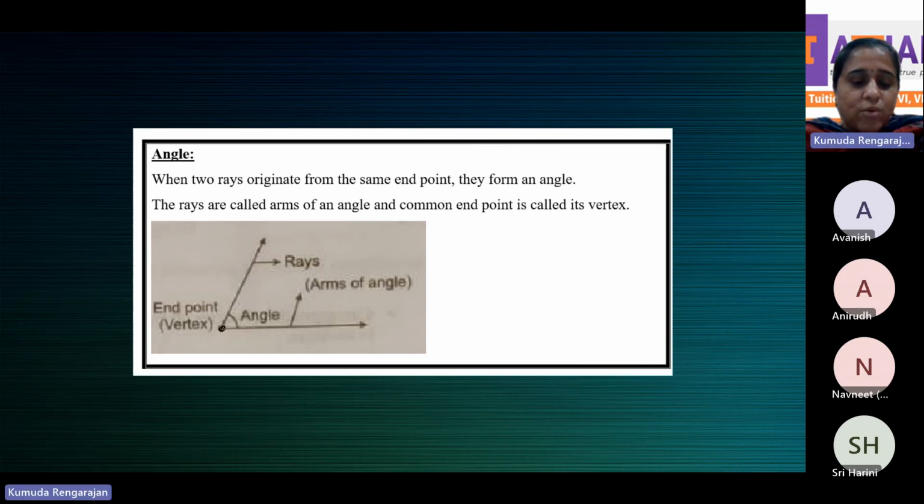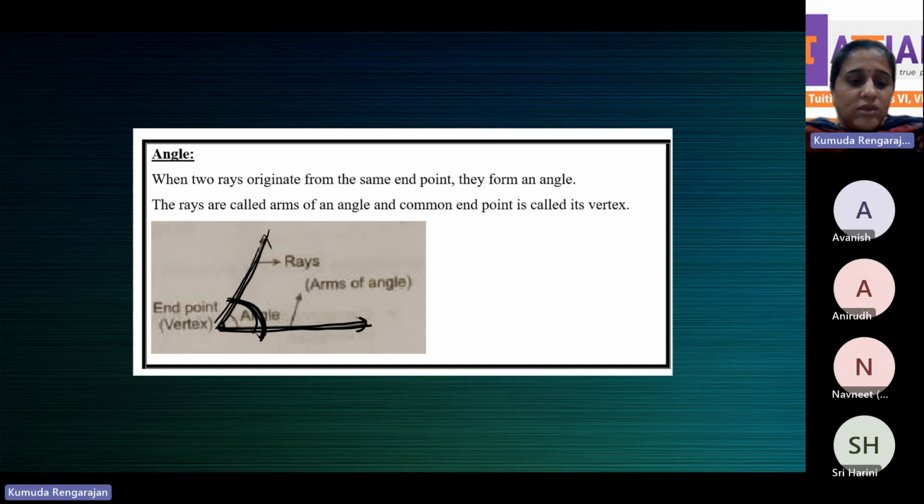So this is the point from where this ray and this ray start. When two rays start like this from the same point, an angle is formed. For this angle, this point is called the vertex, and these two rays are called the arms of the angle.